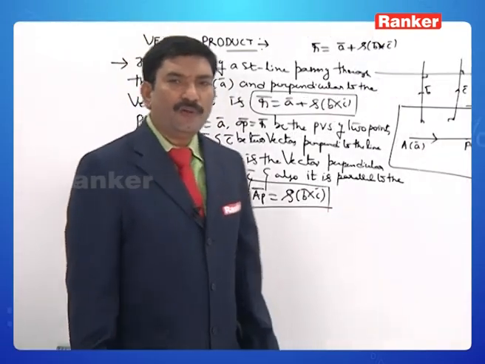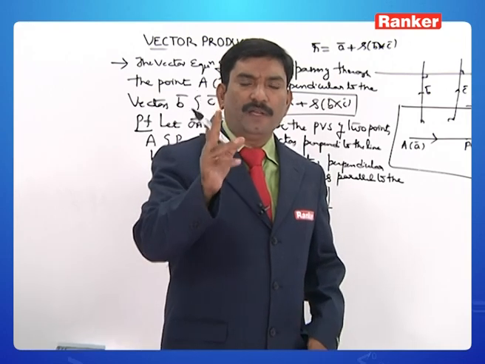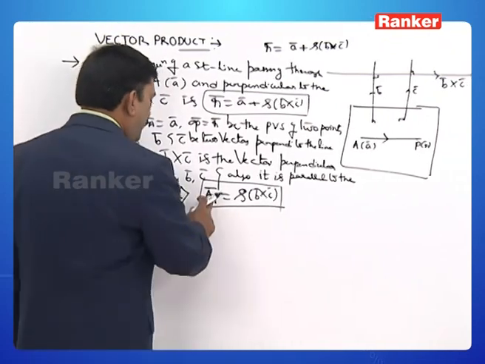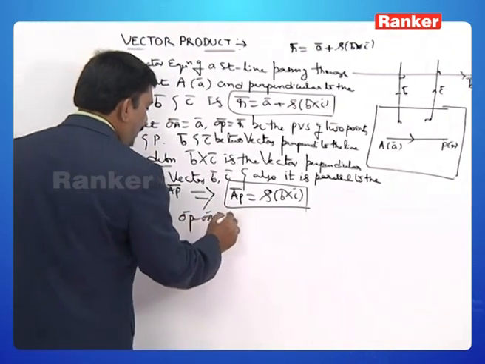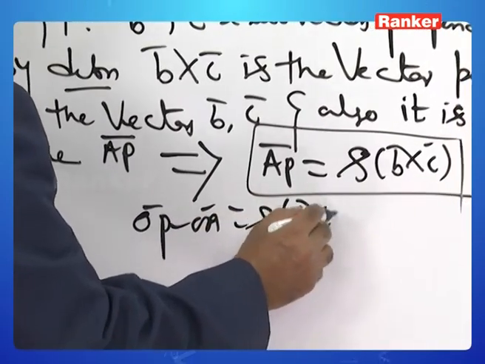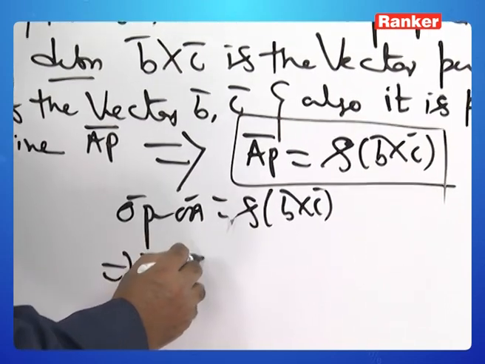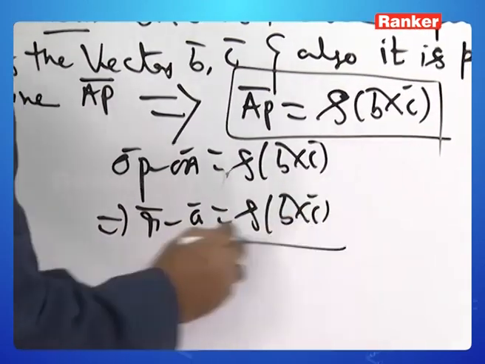When any two vectors are said to be parallel or collinear, one vector can be expressed as a scalar multiple of another vector. So what is AP bar? OP minus OA is equal to S into B bar cross C bar. So this is R bar minus A bar equals S into B bar cross C bar.